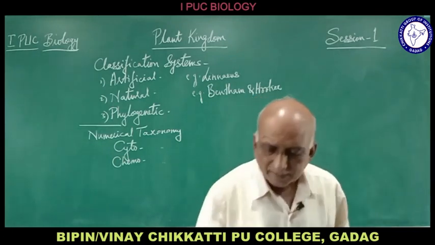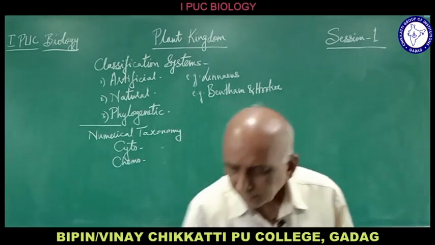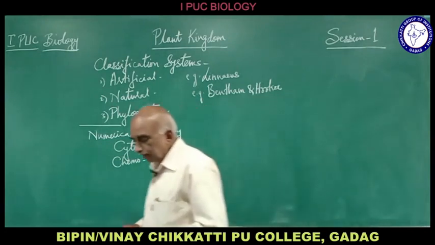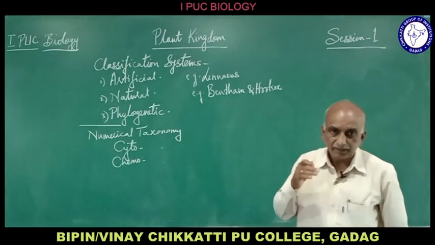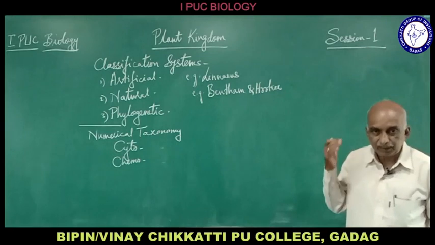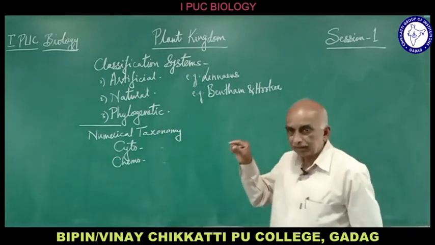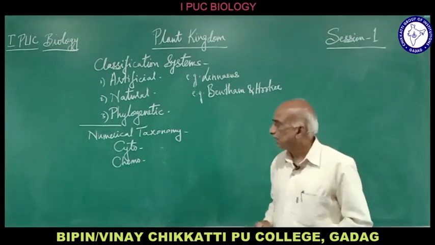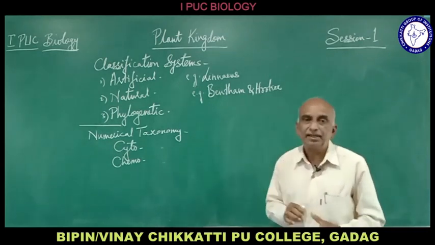So in numerical taxonomy, the characters are taken into account. The characters are actually given certain codes, and they are used by the use of computers. It is done, and there the database is stored.